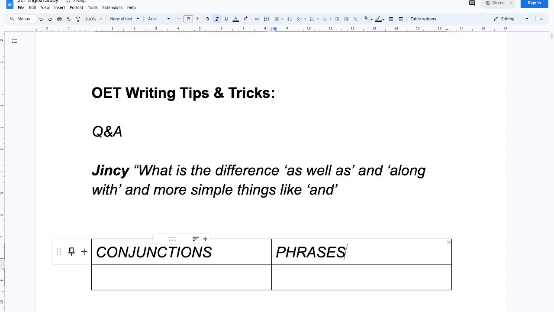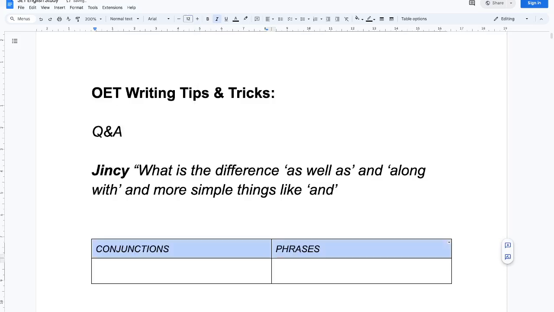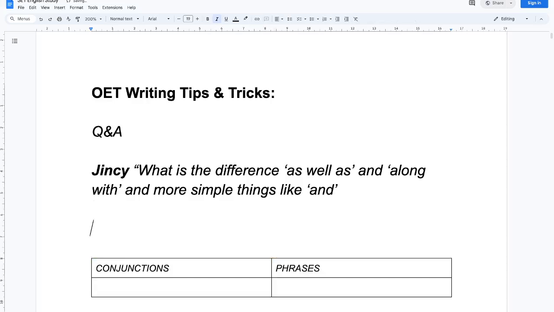Conjunctions and phrases are quite different things in some ways, although sometimes they can look like the same. So you need to not confuse, Jinsey, conjunctions and phrases. This is what I want to talk about today, guys.